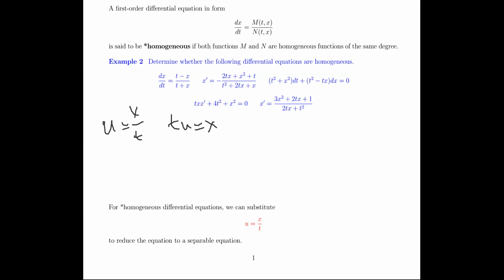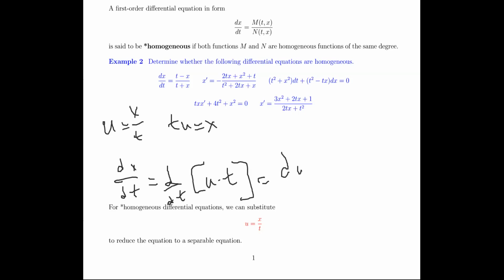Well, then what is dx dt? dx dt is equal to the derivative with respect to t of u times t. This is a product rule. The derivative of u times t plus the derivative of t, which is 1, times u.